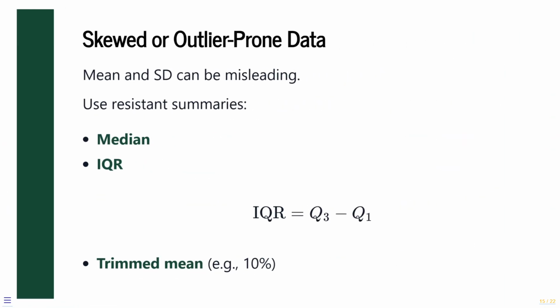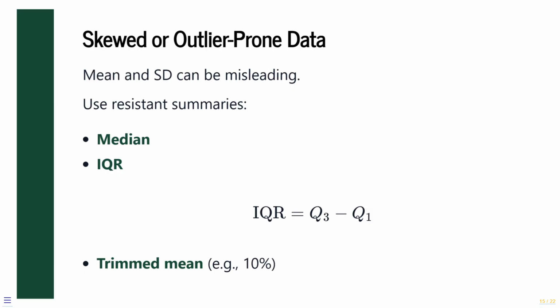However, when a distribution is skewed or contains outliers, non-resistant measures like the mean and standard deviation can be misleading. A few extreme values may pull the mean far away from where most observations lie and inflate the standard deviation. In these cases, resistant summaries are preferred.